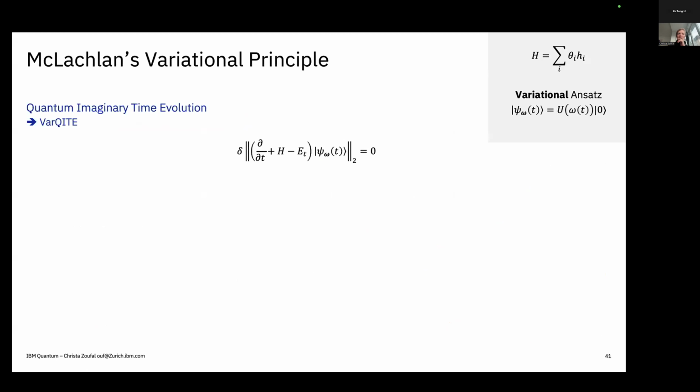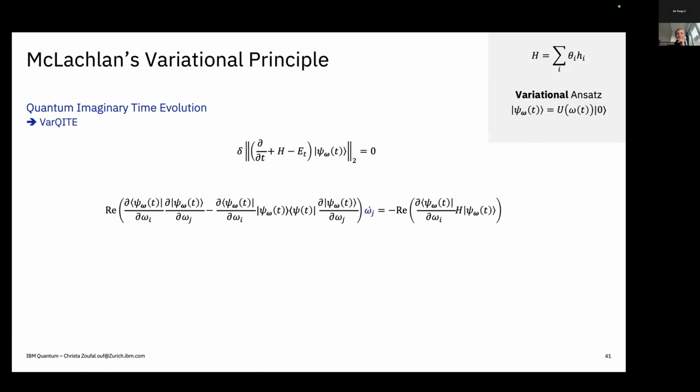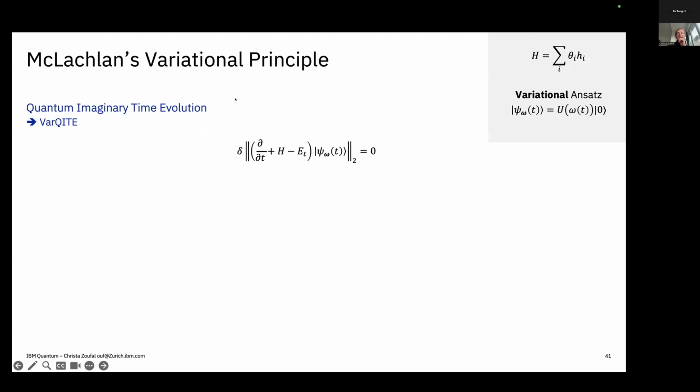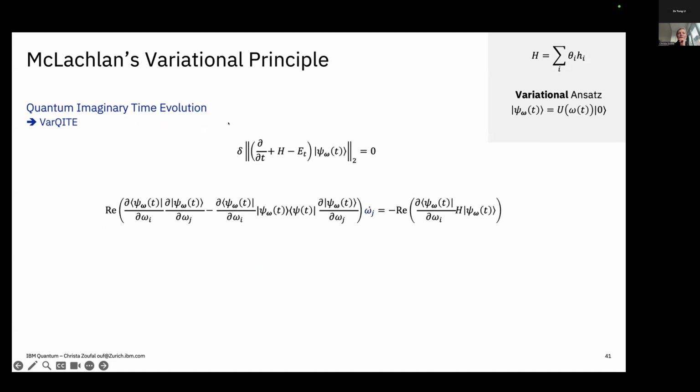Good. So, as mentioned before, right, what we're trying to do is we're trying to minimize the error between the variational trajectory and the actual gradient, and that's what this variational principle here tells us. If we solve it, then we get a system of linear equations that tells us how the parameters of an ansatz that's given need to be evolved such that we're following the time evolution trajectory, in this case, imaginary time evolution trajectory.